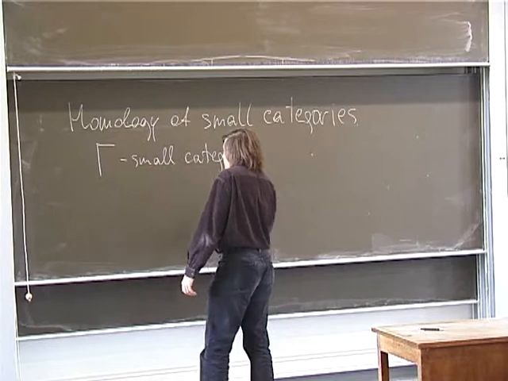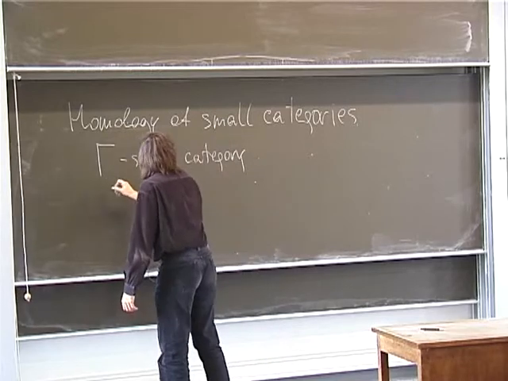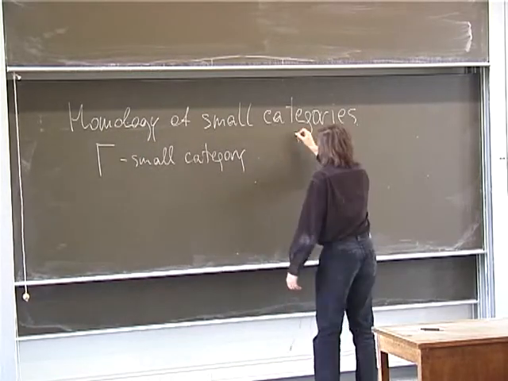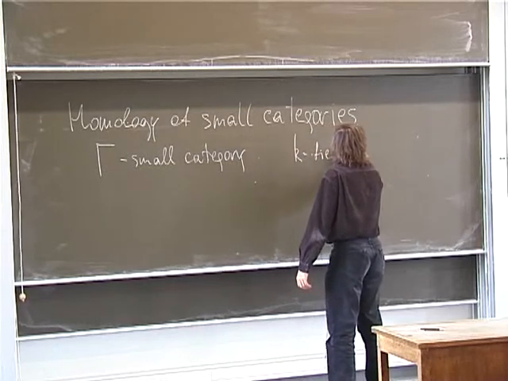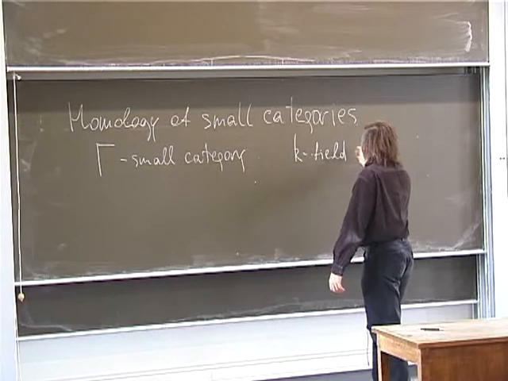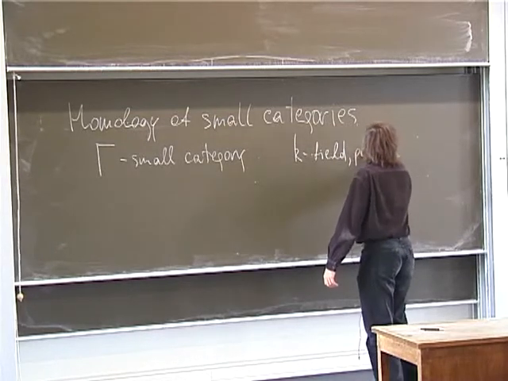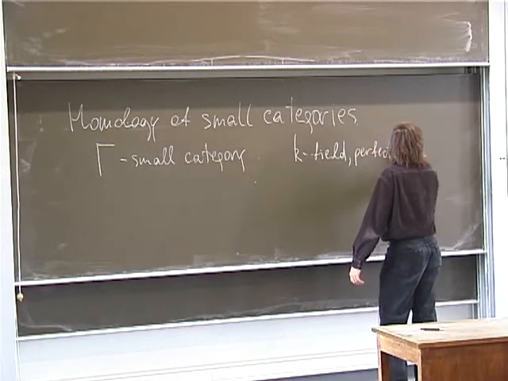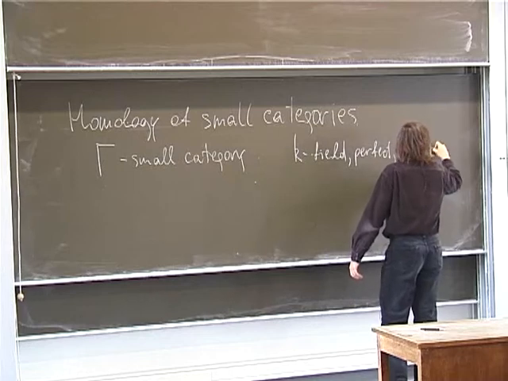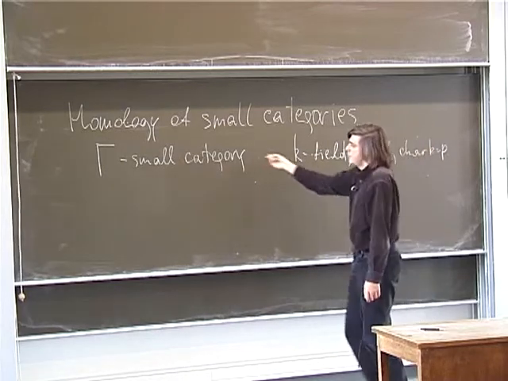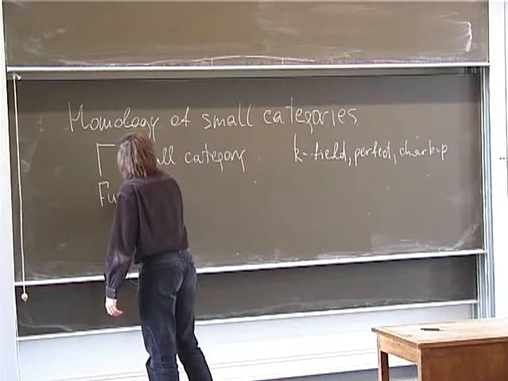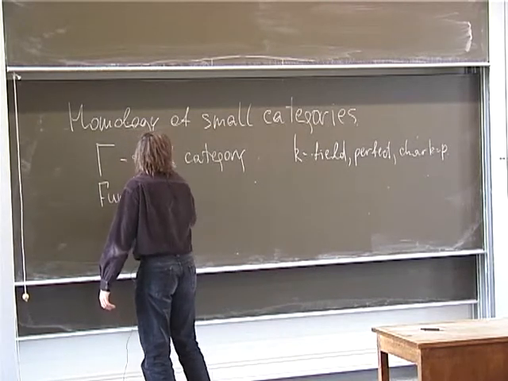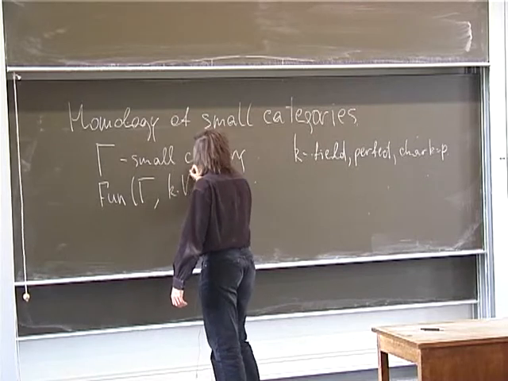And we fix a field K, once and for all, a perfect field of characteristic p, although this is not important at this point. We can consider the category of functors from gamma to vector spaces.